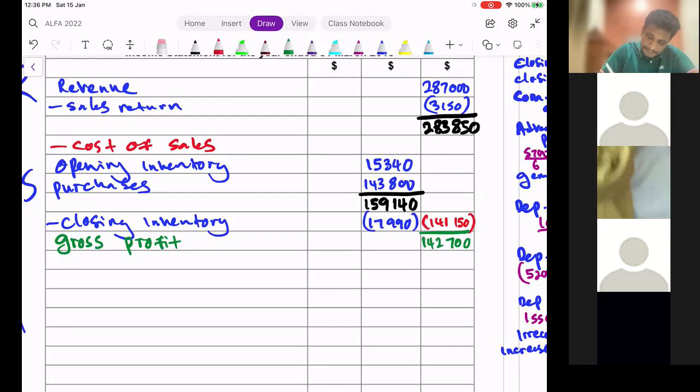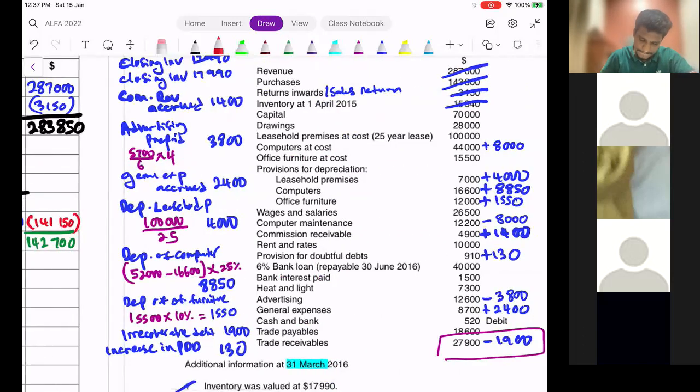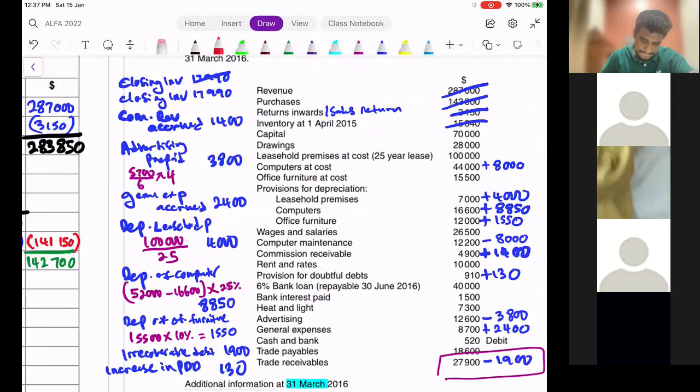This gross profit needs to be added to other income. So can you check, do you have any other income? Yes, I can see one other income, which is commission receivable.